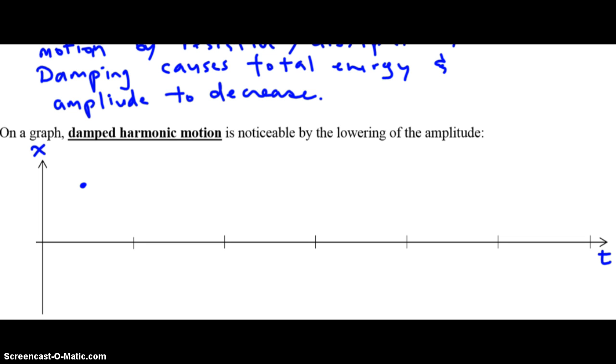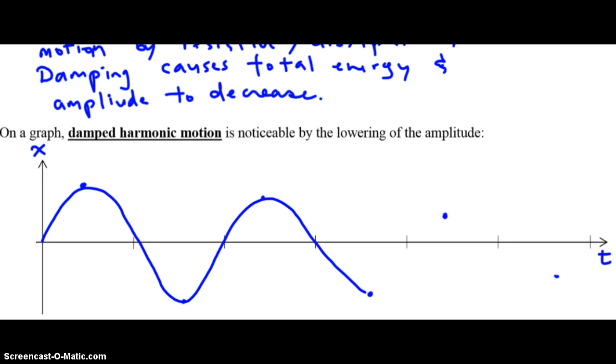So maybe we first go up to that amplitude and down to here, and then next we go to here, then down to here, and then here, then down to here. So the graph goes up and down and back up, then down, then back up, down, like that.